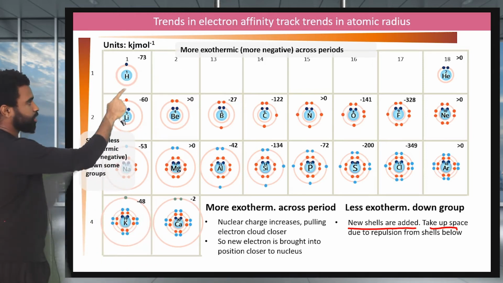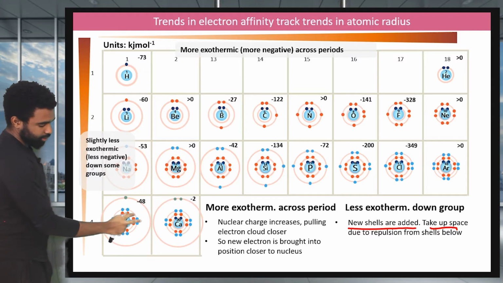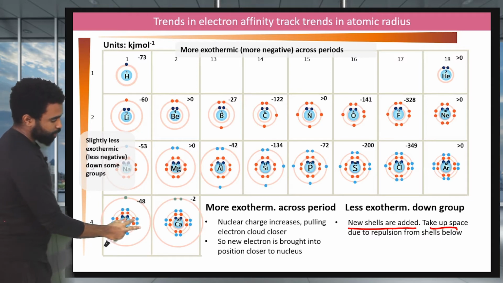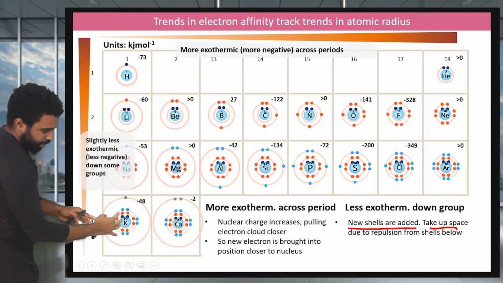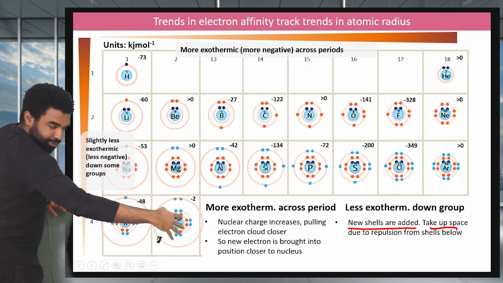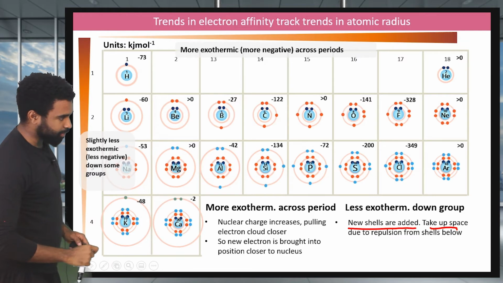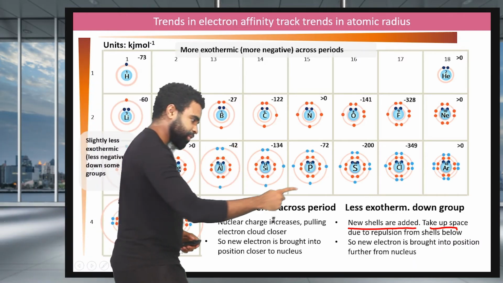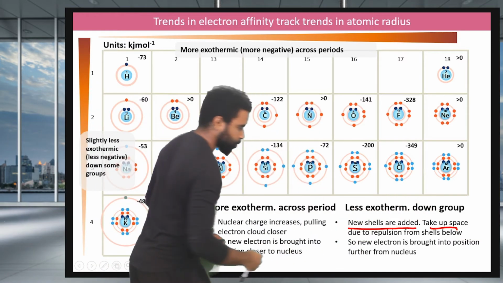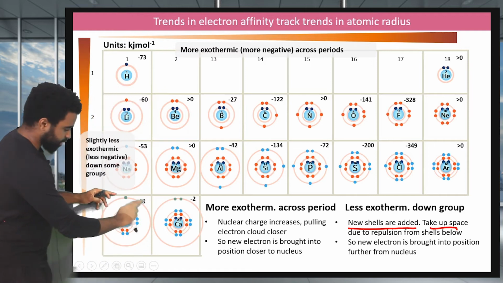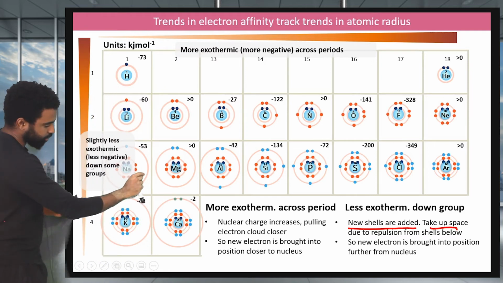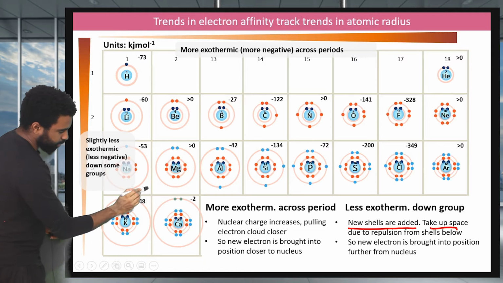So as we add new shells here, 1 shell, 2 shells, 3 shells, and 4 shells, you can see that the outermost shell is basically nice and diffuse because of repulsion from the shells underneath, right? And because of that, when a new electron is brought in, it comes in generally further from the nucleus.